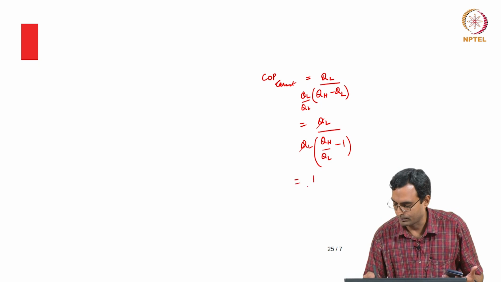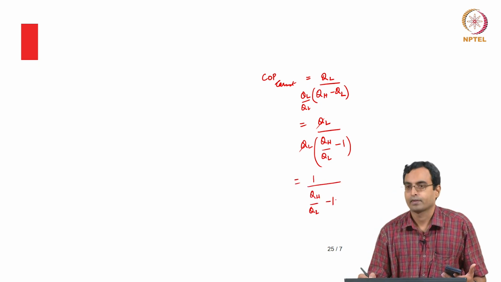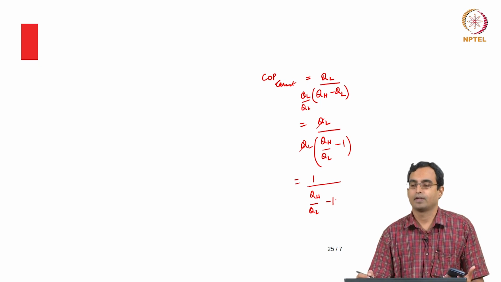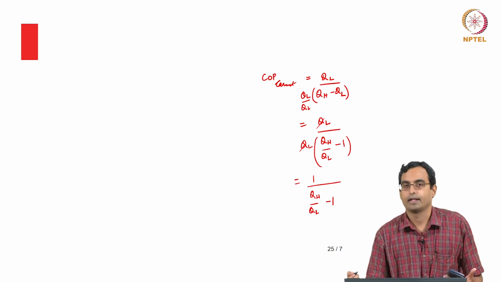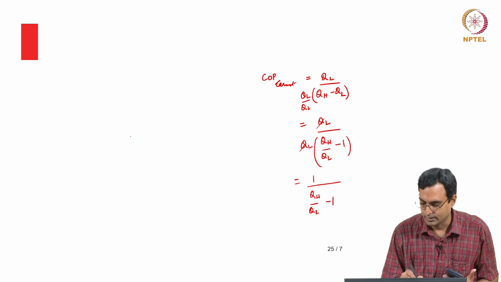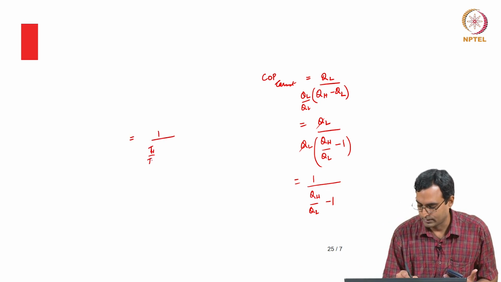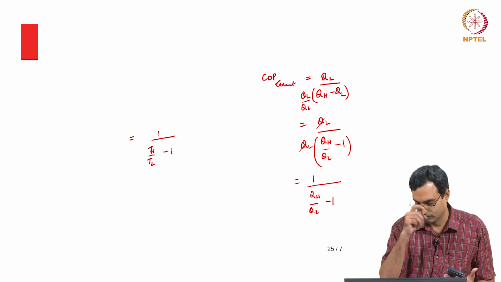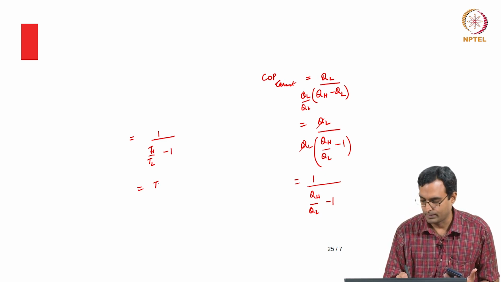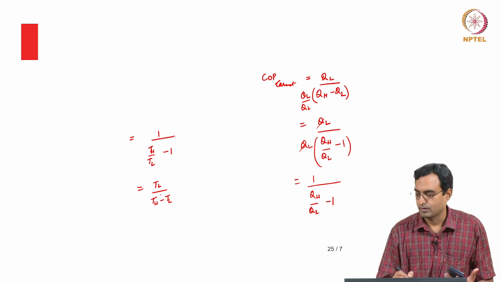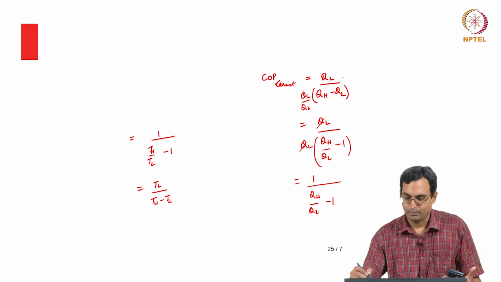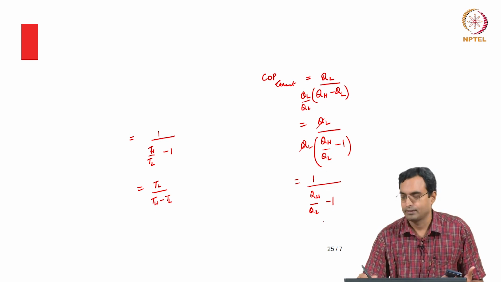So, this is 1 by QH by QL minus 1, and for a Carnot cycle, because it is reversible, ratios of heat can be given as ratios of temperature. So, I get 1 by TH by TL minus 1, or this is essentially TL by TH minus TL. So, it comes out to be similar to this, but the way we get it is like this.